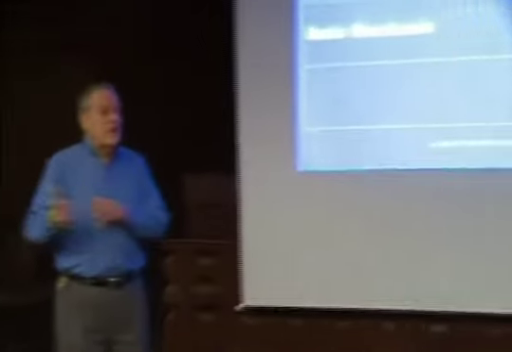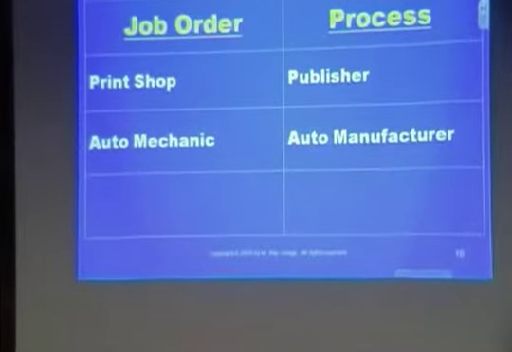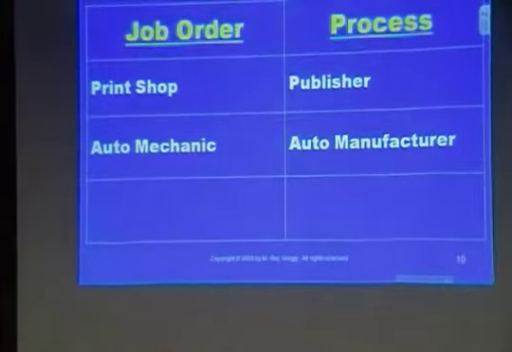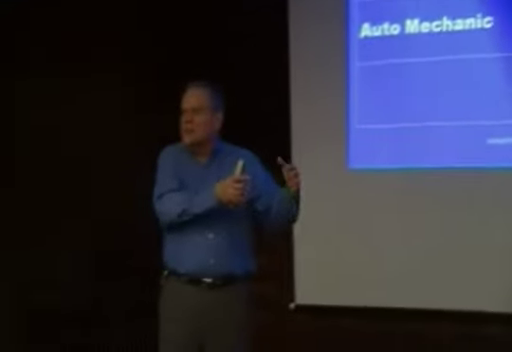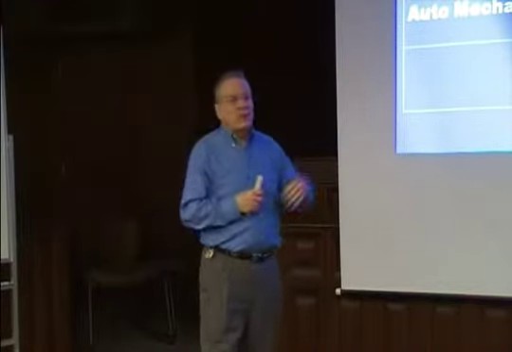I used the example of an auto mechanic, who would be a good example of job order, even though it's not manufacturing, where they kept the cost of the different jobs separately so that we knew the parts and the labor and added an overhead factor to know how much to charge for this. Compared with an automobile manufacturer, it seems to me that many of these automobiles are the same as they go down the assembly line.